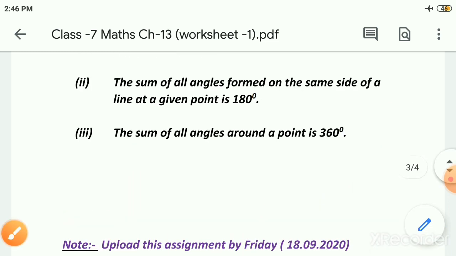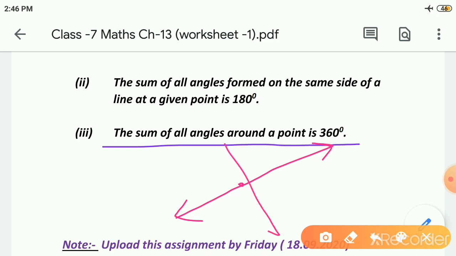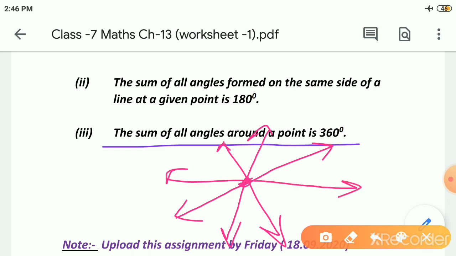Now the next one, the sum of all angles around a point. I have this point. Now around this point I am making many lines passing through this point. So around this point, you can see so many angles are formed.